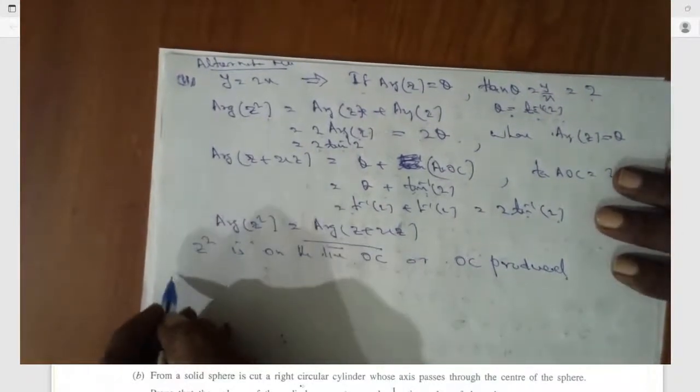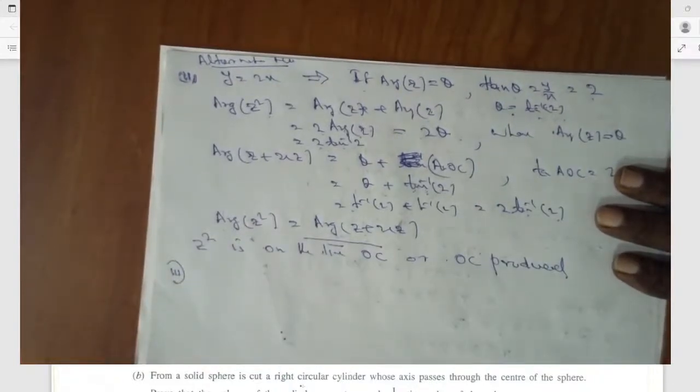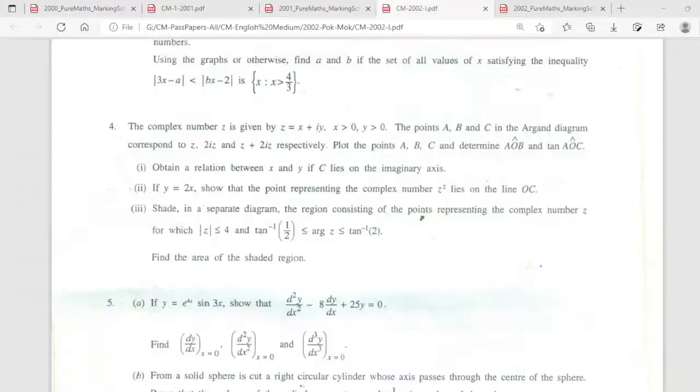Right. What is the third part? Third part of this sum. Sketch the diagram.